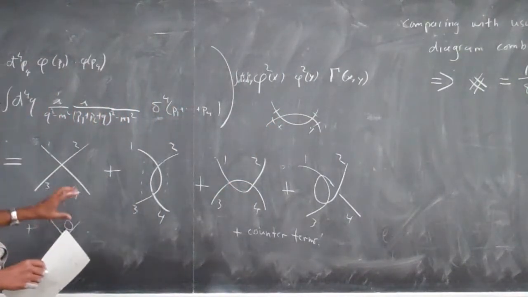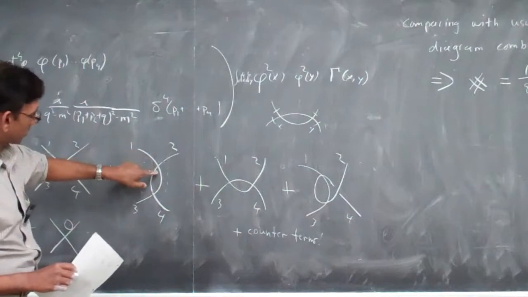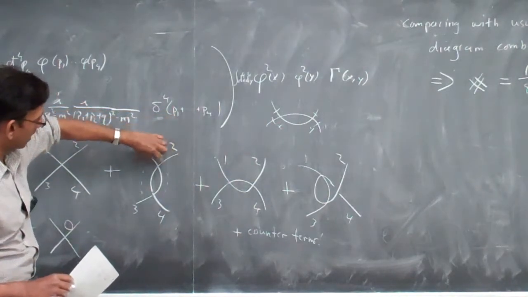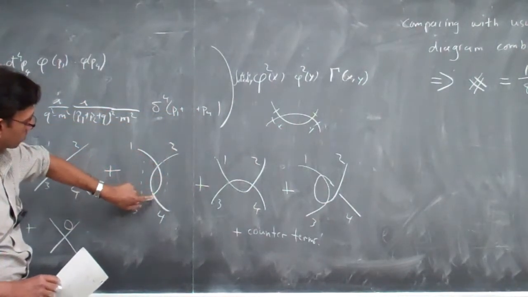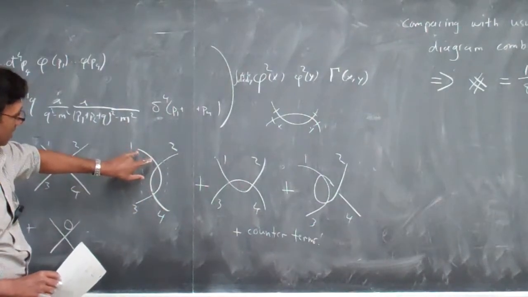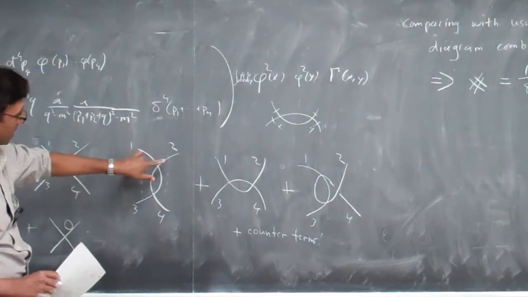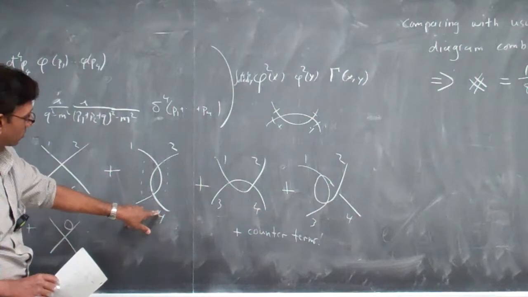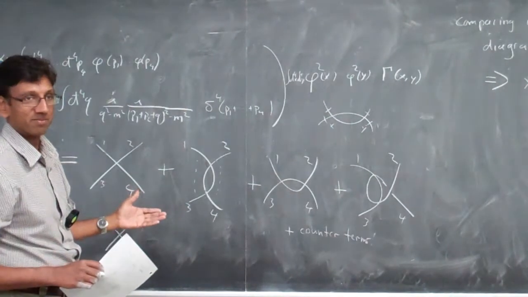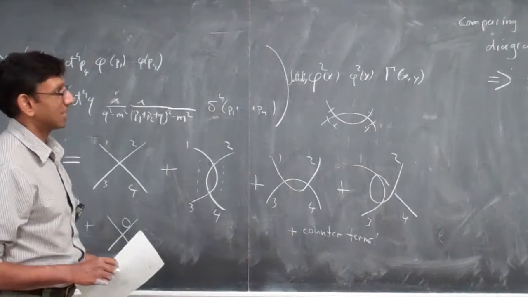So there's an extra factor of 2, even though in this diagram, these two lines want to go to the same point, and these two lines want to go to the same point. The diagram would look the same if I said these 2 points go to y and these 2 points go to x. You wouldn't know. So that's an extra factor of 2.